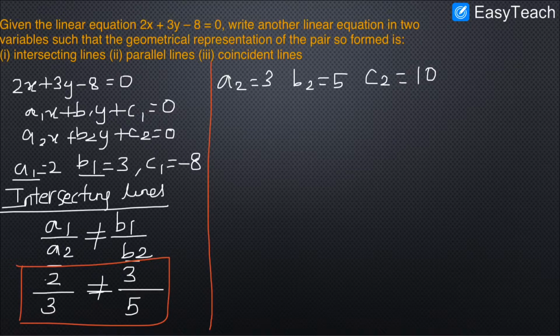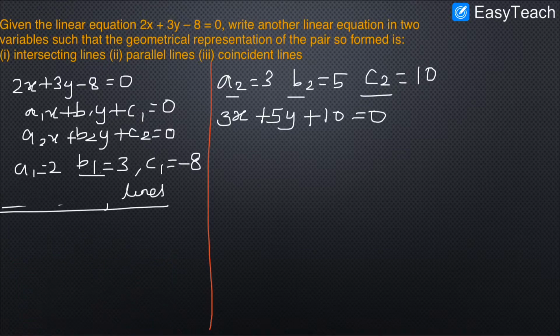So the second linear equation we can write is 3x plus 5y plus 10 equals 0.